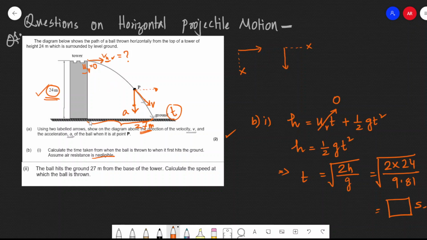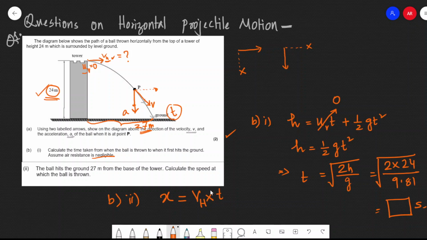And since the horizontal velocity doesn't change because of no air resistance, for B2 we make use of one simple equation: horizontal displacement is equal to horizontal velocity times time. No acceleration, no deceleration. The ball does not experience any resultant force, so the ball does not slow down horizontally.